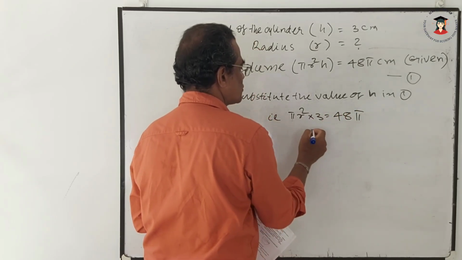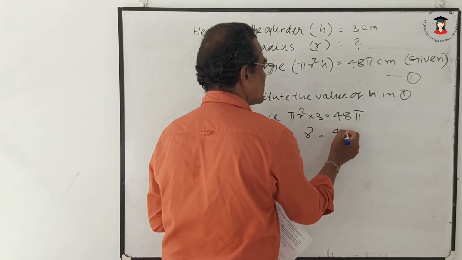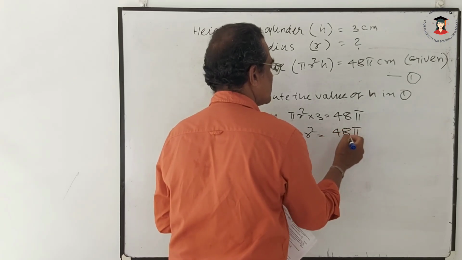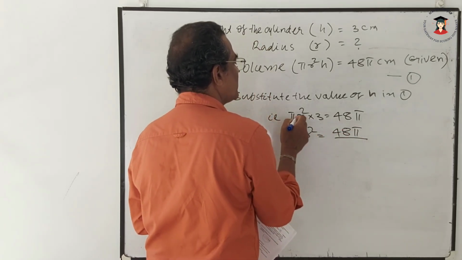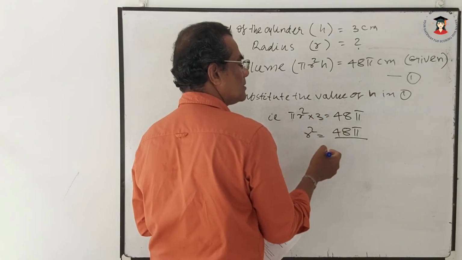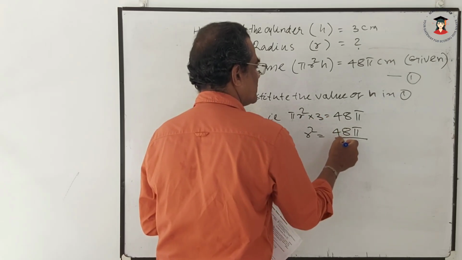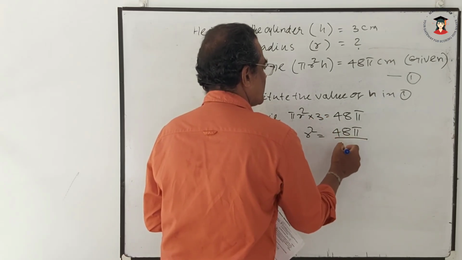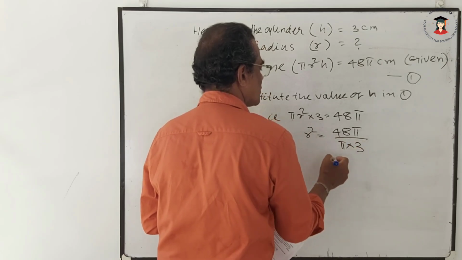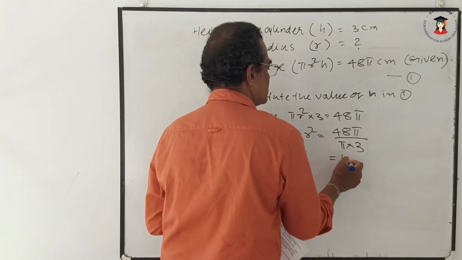From this, R square will be equal to 48 pi in the right hand side. Bring pi and 3 again to the right hand side. So it is 48 pi by pi and 3. On dividing, we will get 16.